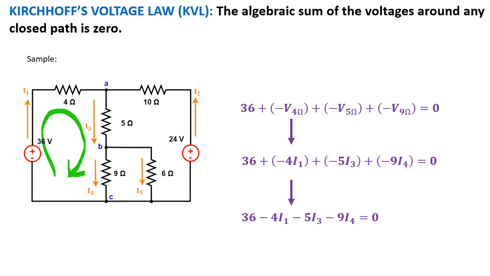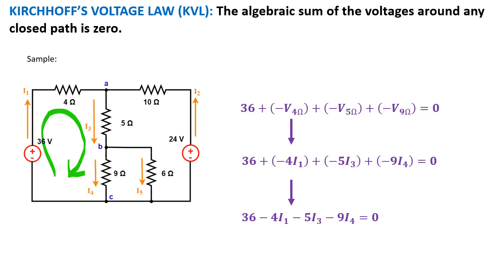Okay, let's try to make an equation out of the network we have shown you before. For example, I have a closed path right here, starting at this point, then right here, then point A, then point B, and point C. I assume a clockwise loop, starting here up to here, and back to this point.